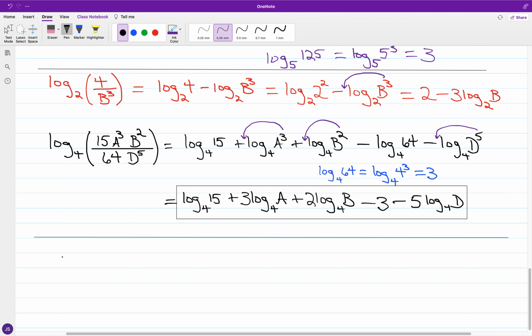If I have the base 2 logarithm of a all over b times c, then you will have the base 2 logarithm of a minus the base 2 logarithm of b times c.